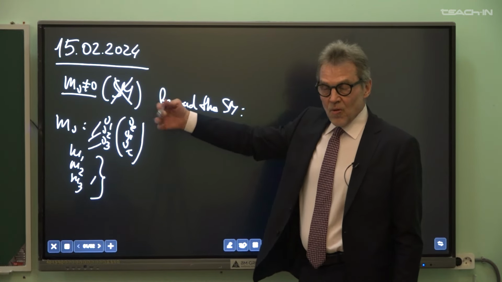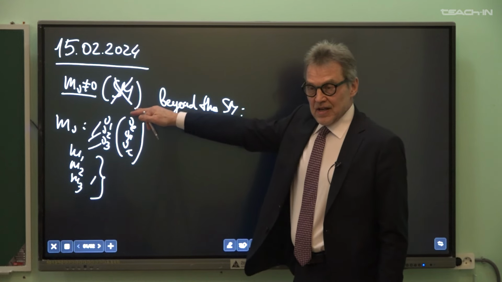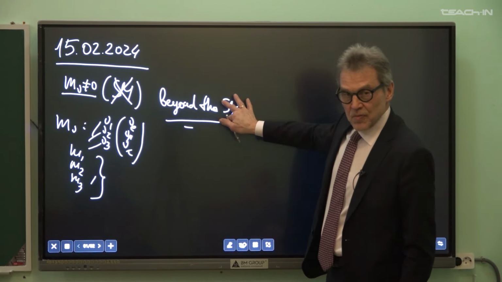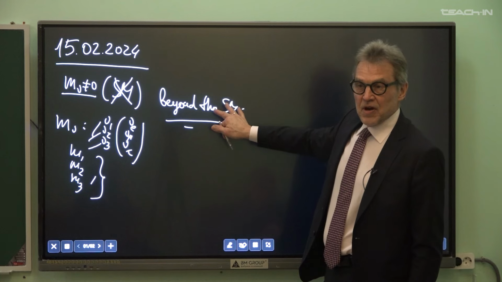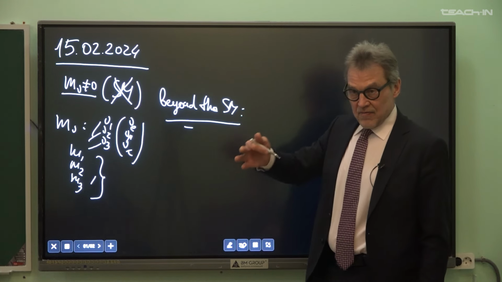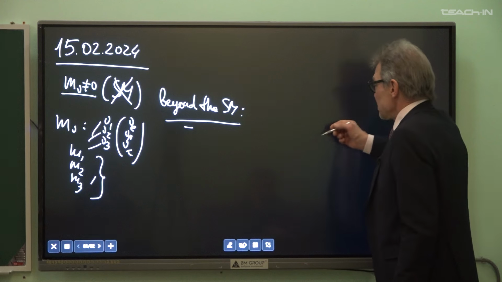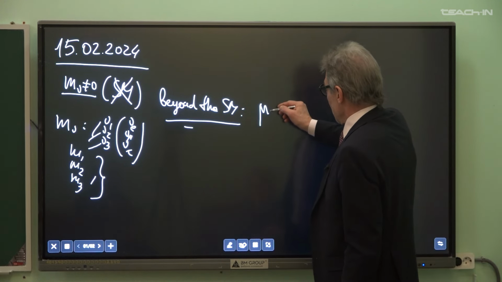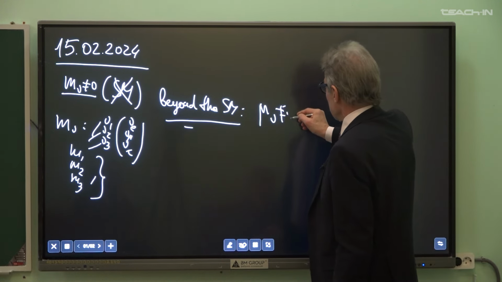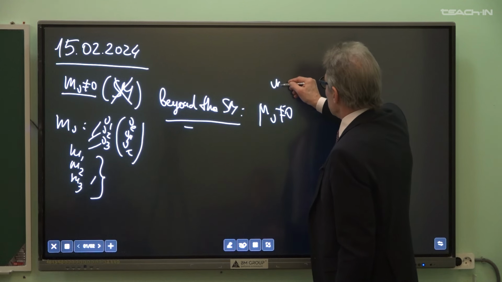So all interactions that exist in the standard model should be described with the new theory beyond the standard model. And if so, there are contributions to the neutrino magnetic moment.